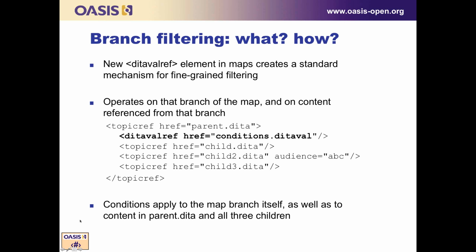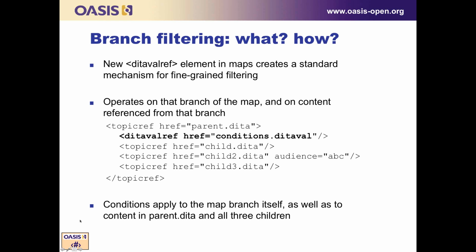So how are we addressing this issue? We're doing it with the new ditavalref element. You can see here in the code sample that you place this element in a branch of a map. This would be the portion of your map that you want to build with those conditions. In this case, you reference the conditions in the DITAVAL file, conditions.ditaval. The include and exclude rules that you set in that file apply to this branch and this branch only.